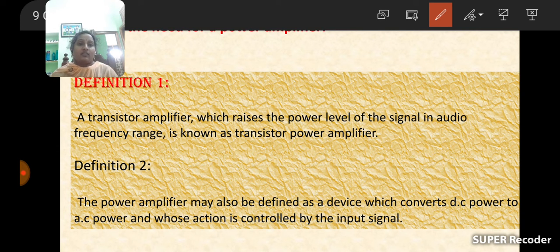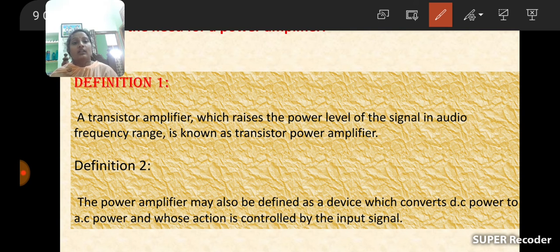A power amplifier is also simply a converter, which converts DC power to AC power. It's not a rectifier, because it's not converting from AC to DC. It converts from DC to AC, and this action is controlled by the input signal. Is it clear?